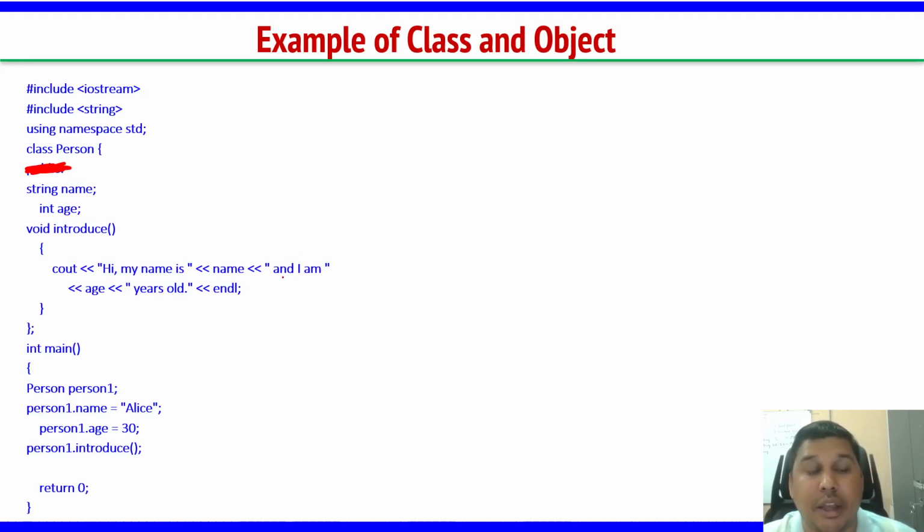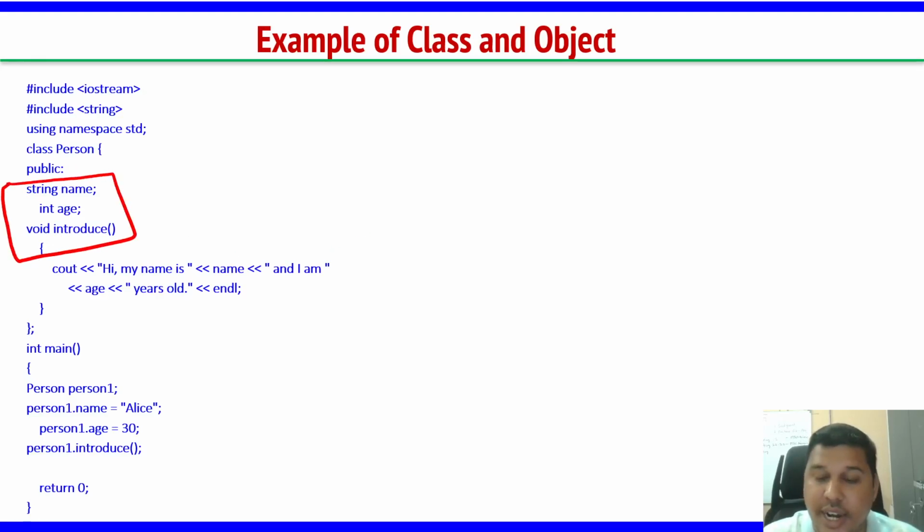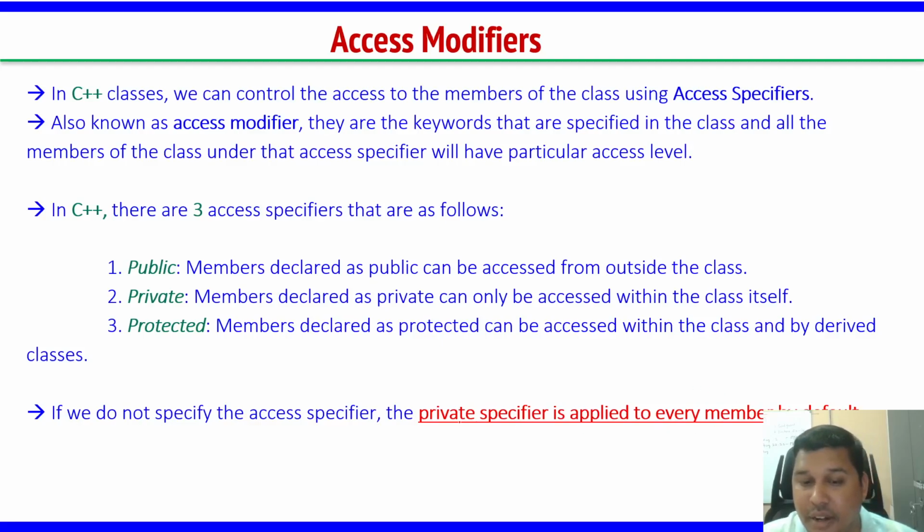What will happen? By default, these variables and functions will be private. If you do not specify, the default is private, not public. Remember that in C++. Even if you miss that, your variables are safe and secure.